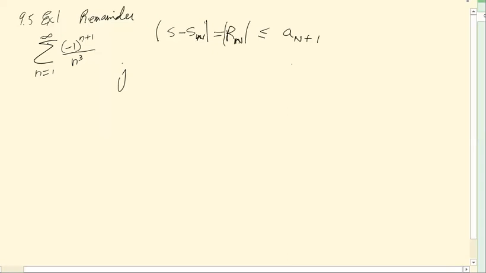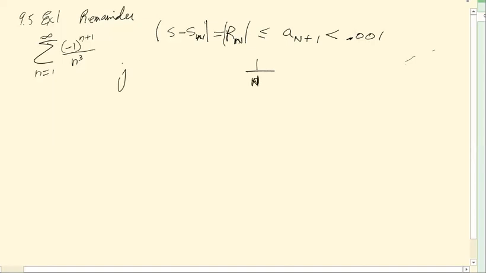And in this problem, we're going to find how many terms are required to keep our remainder, we take this term, we want that less than 0.001. Okay, so we have to take our term, which is 1 over n.